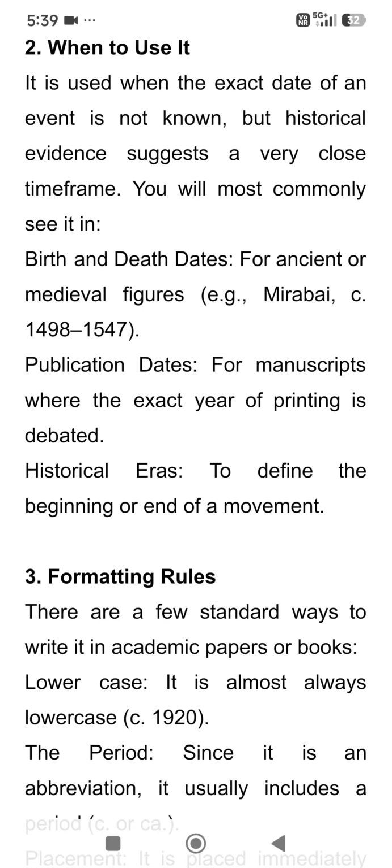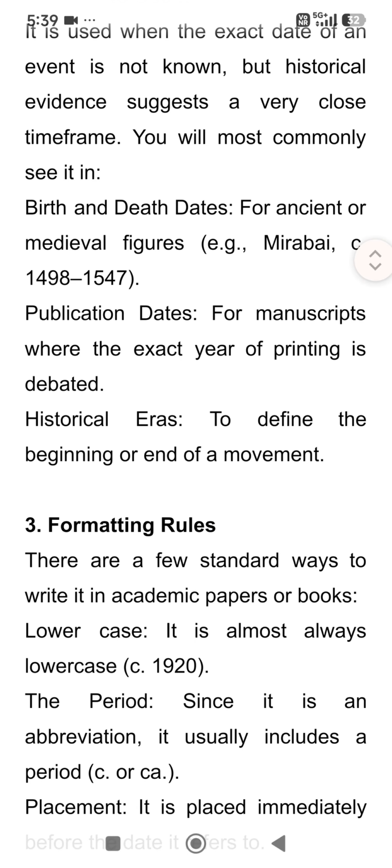So when the exact date of an event is unknown, but historical evidence suggests a very close time frame, and you can fit the incident in a time frame, then you will most commonly see it in these cases.